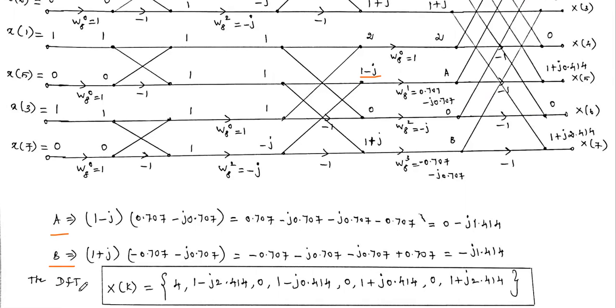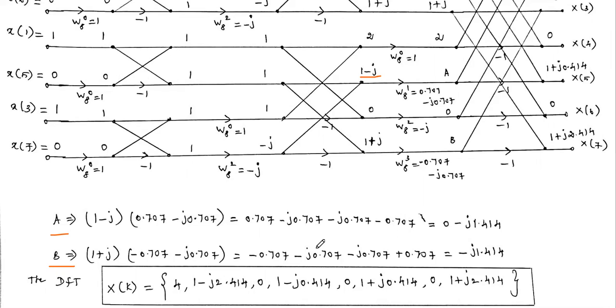So now the DFT of our sequence x of n is indicated by capital X of k. So X of k equals 4, 1 minus j 2.414, 0, 1 minus j 0.414, 0, 1 plus j 0.414, 0, and 1 plus j 2.414. So this is the answer for our given x of n.